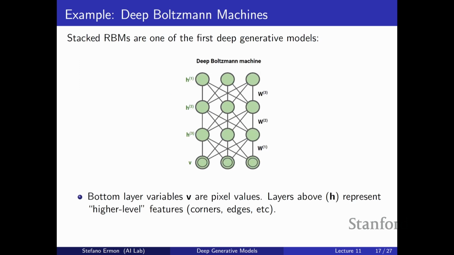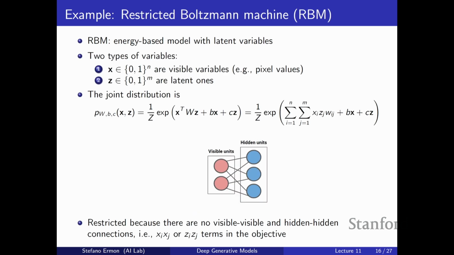Not super important, but the key thing is that this is important for historical reasons: it's one of the first deep generative models that actually worked. They were able to train these models on image data by stacking multiple RBMs. An RBM is a joint distribution between visible and hidden units.